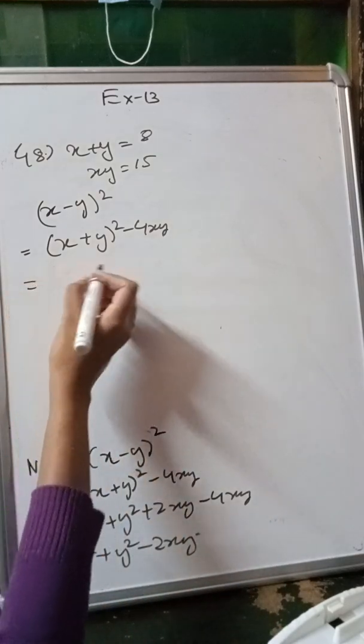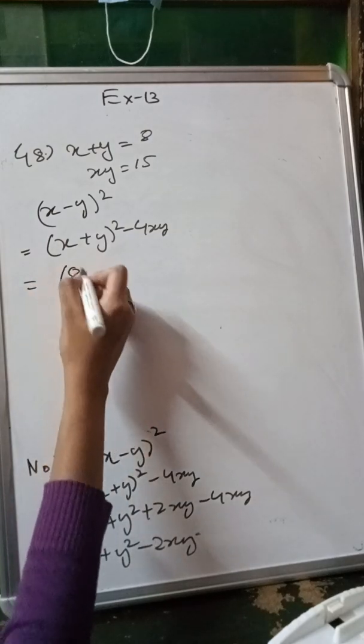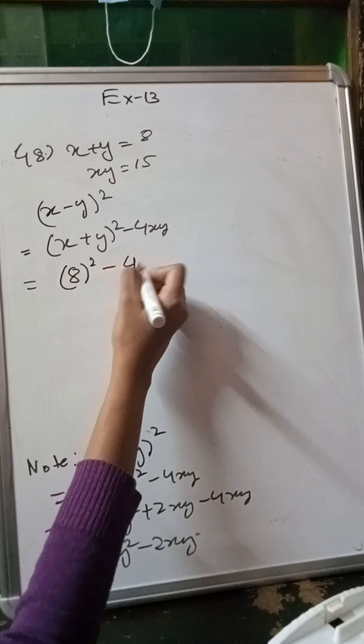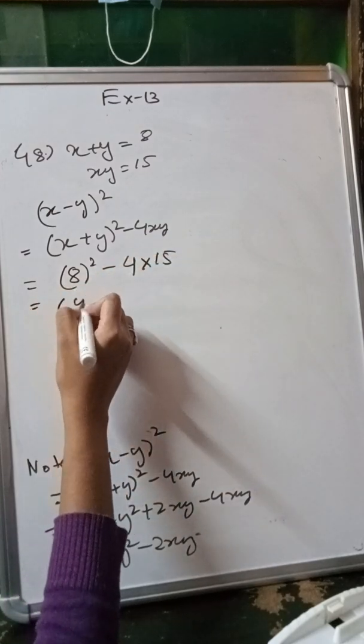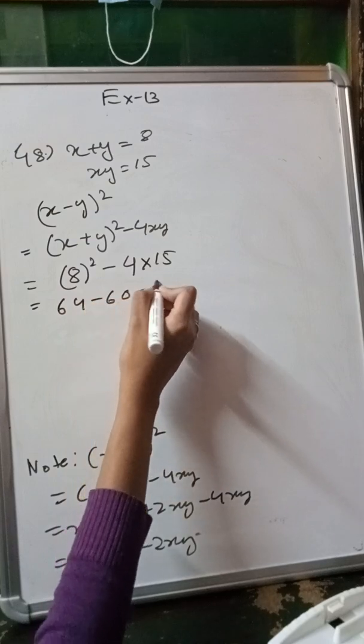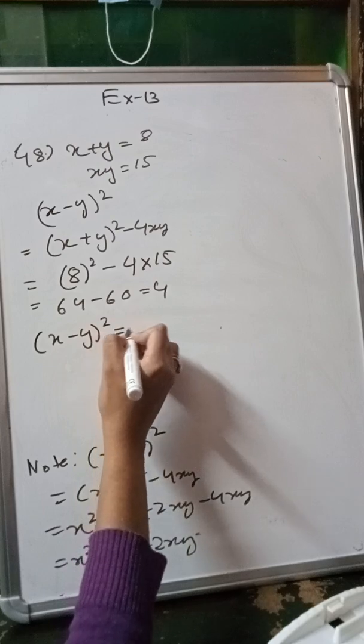Now we know the value of x plus y, which is 8, and the value of xy, which is 15. So this will be 64 minus 60, which is 4. So x minus y whole square equals 4.